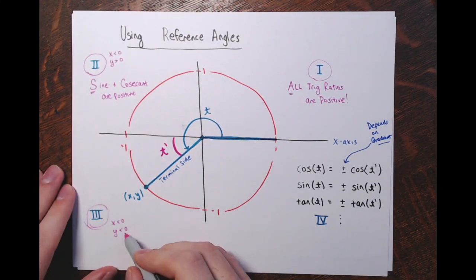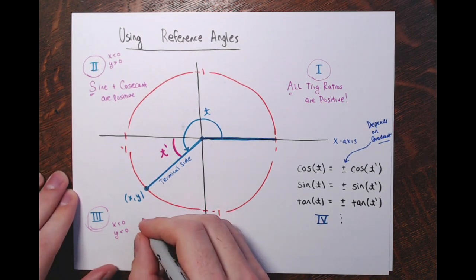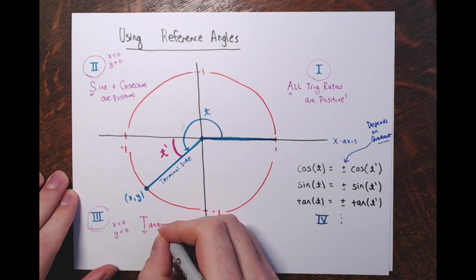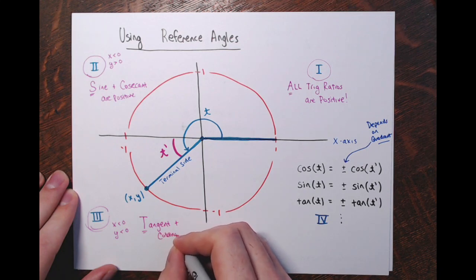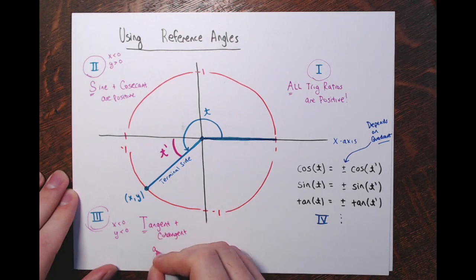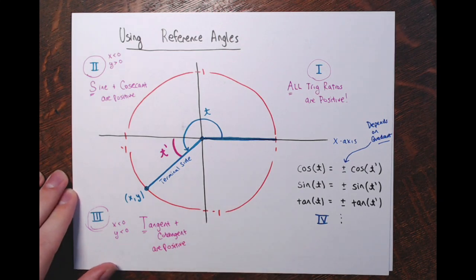And a negative divided by a negative will be positive. So in quadrant 3, tangent and cotangent are positive, and everything else is negative in quadrant 3.